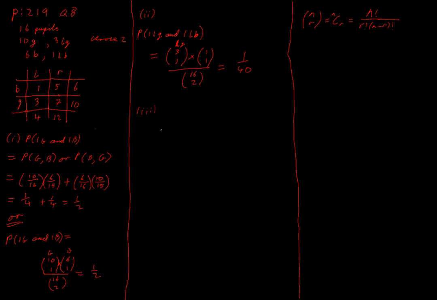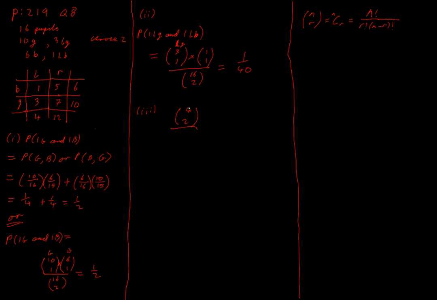Now, part 3. 2 left-handed pupils. Now, did it say anything about boys or girls? No. So we don't need to worry about boys or girls in this particular case. We're just going to pick 2 left-handed pupils. Well, how many left-handed pupils do we have from my table? I have a total of 4 left-handed people, and I need to pick 2 of them.